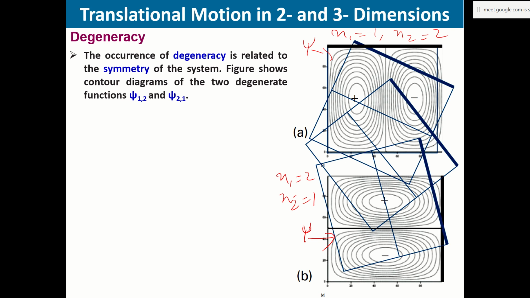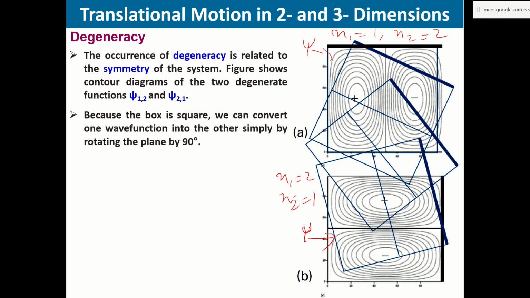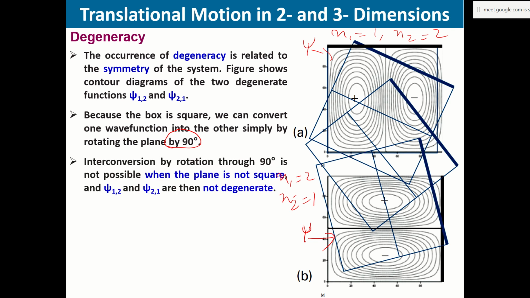They are related by a symmetry operation that you can see: by simply rotating by 90 degrees, you see they are converted from one to the other. So you will find that wherever degeneracy occurs, the states are somehow related to each other by a symmetry operation.